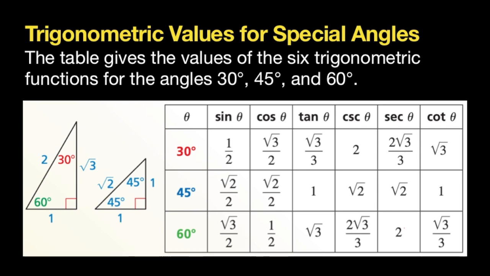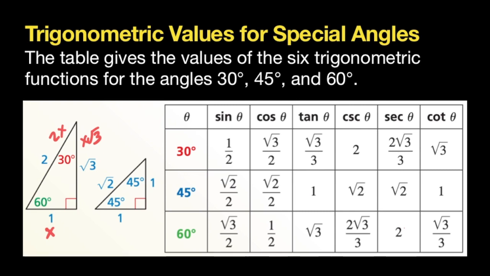Because originally you saw that if you had a 30, 60, and 90 triangle, the small leg was going to be x. The hypotenuse was going to be 2x. And the long leg is going to be x root 3. And the same thing applies to the 45, 45, and 90.